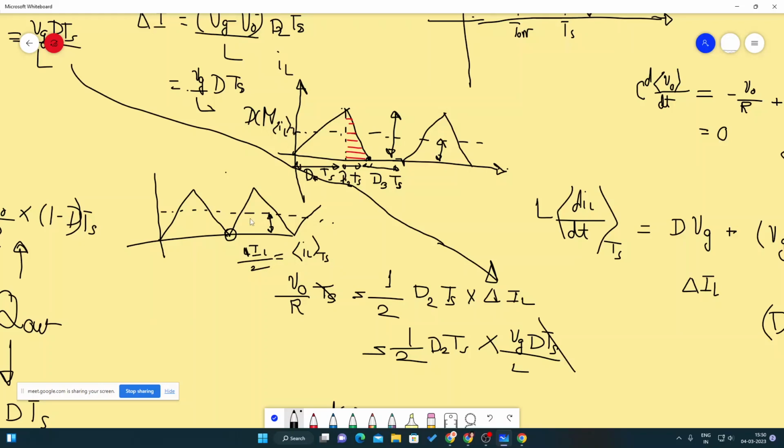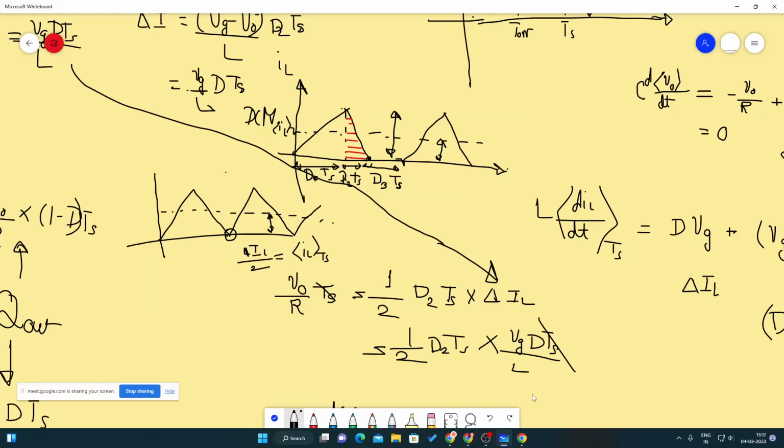Half of it, because this is for a rise and fall over the entire duration of the inductor current. The area under the inductor current is equal to the area under the average current. That's what we are saying.